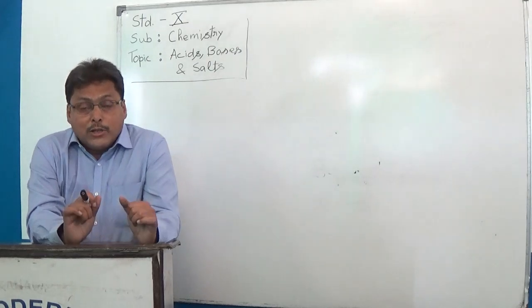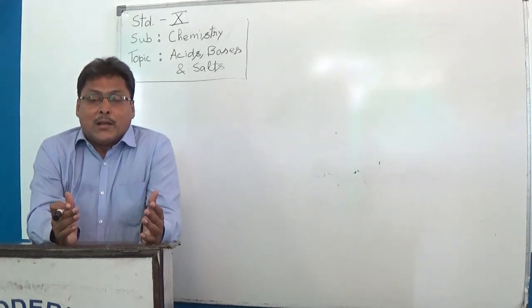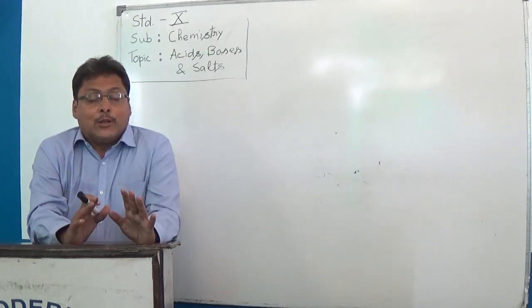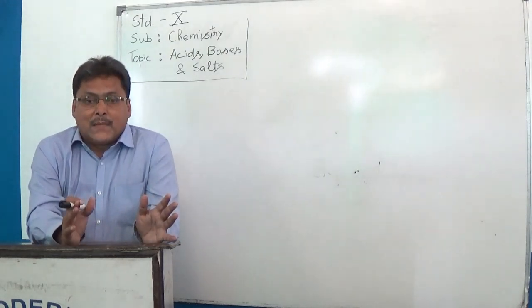So we start with aqueous soluble acids and bases, and that's why Arrhenius theory is first.